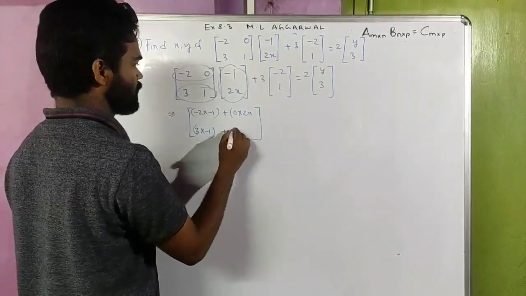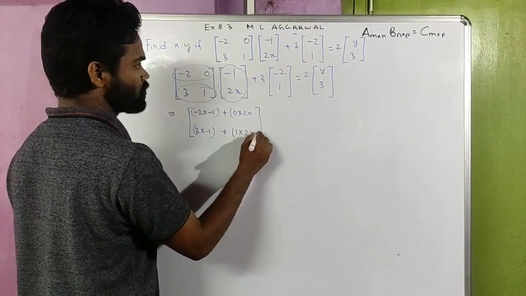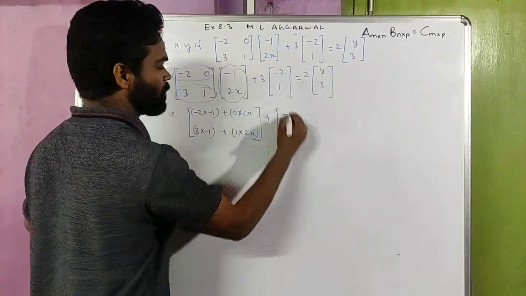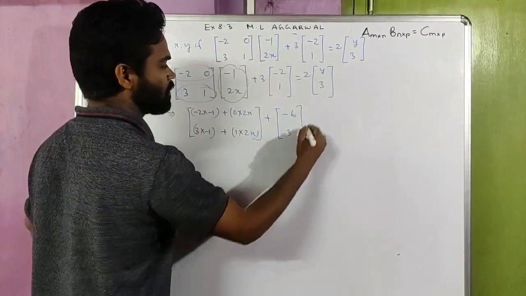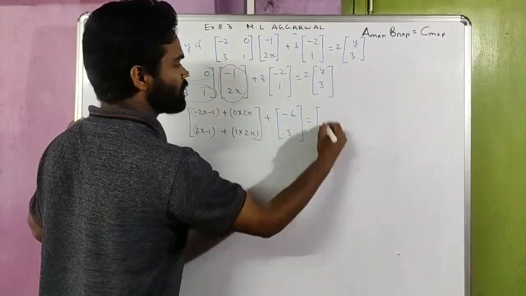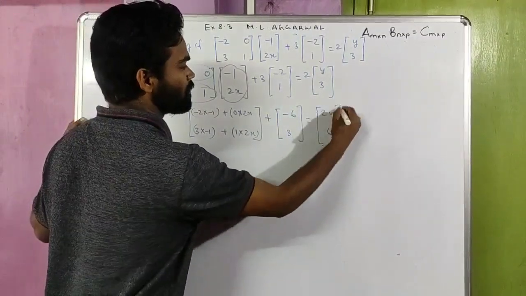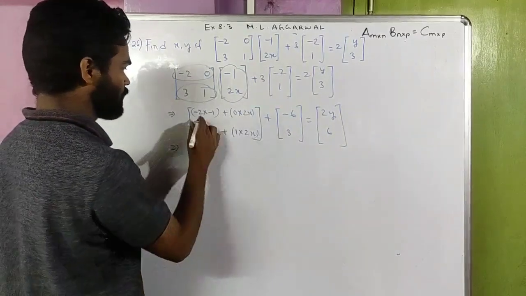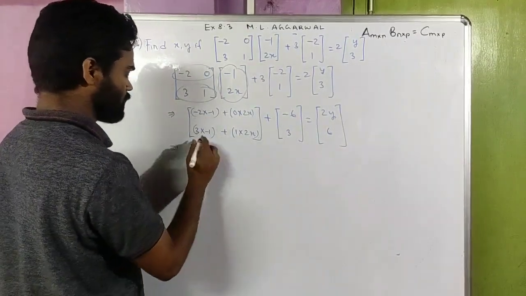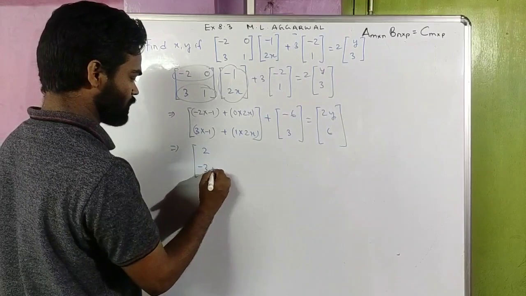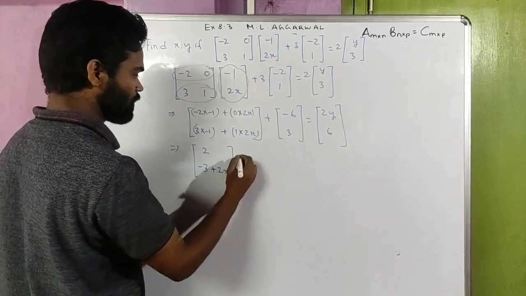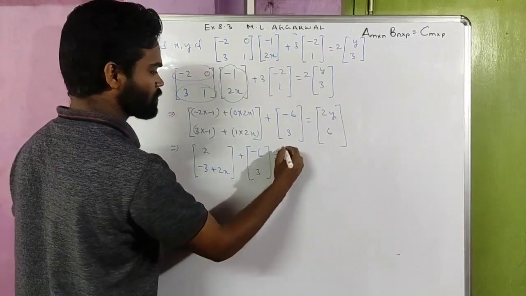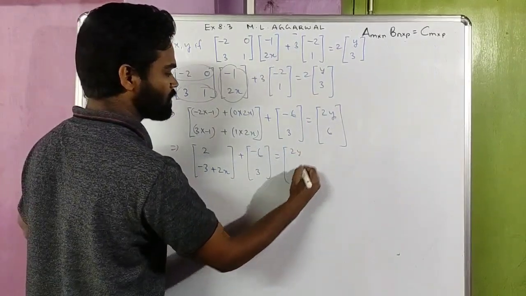And that's plus 1 into 2x. Plus this 3 is multiplied by each and every element. And over here 2 is multiplied by each and every element. So this becomes 2 and this is 0. This is minus 3 plus 2x plus this is minus 6 and 3 equals to 2y and 6.